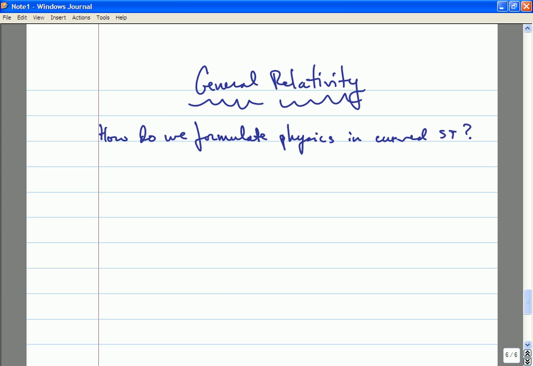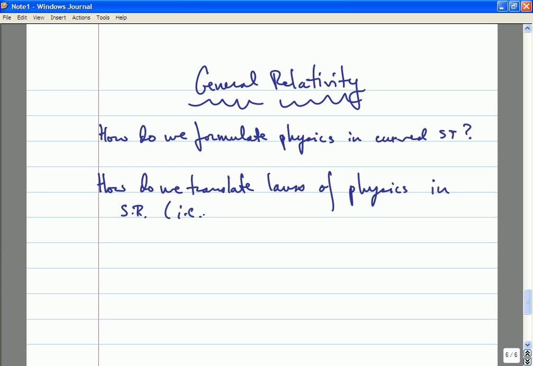And the question then is, how do we turn laws of physics which we have learned in special relativity, which is to say flat Minkowski space, into laws which will be valid in curved space?